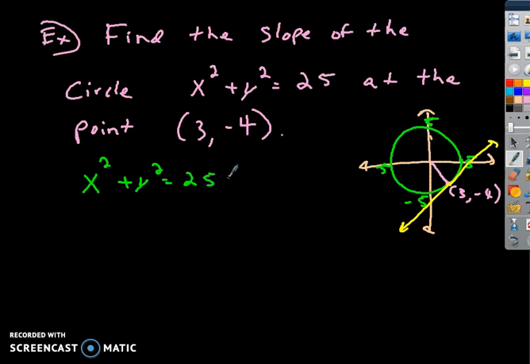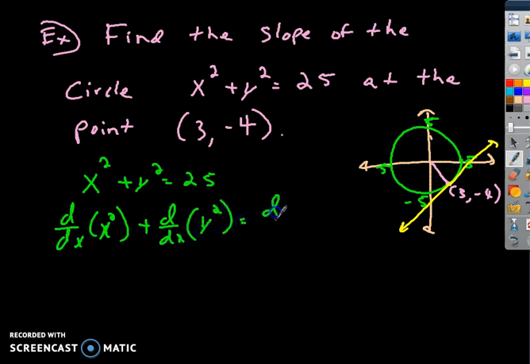And again, this is not a function, so we'll use implicit differentiation to find the derivative of it. So it'll be the derivative with respect to x in the first term, plus the derivative with respect to x in the second term, and the derivative of the right side of the equation.